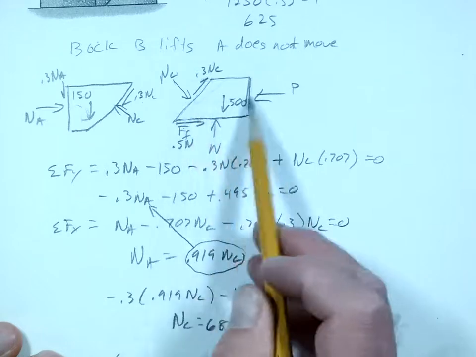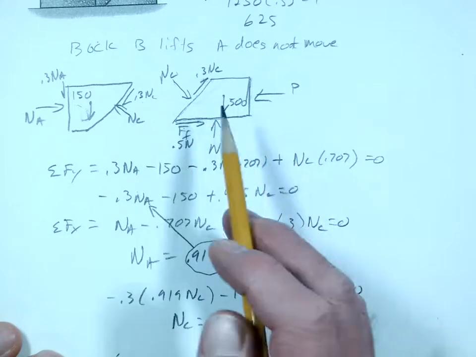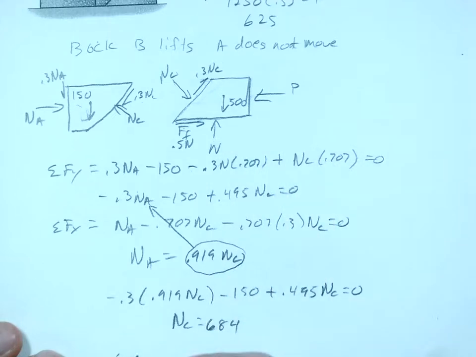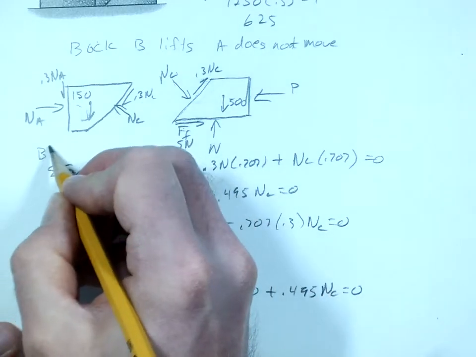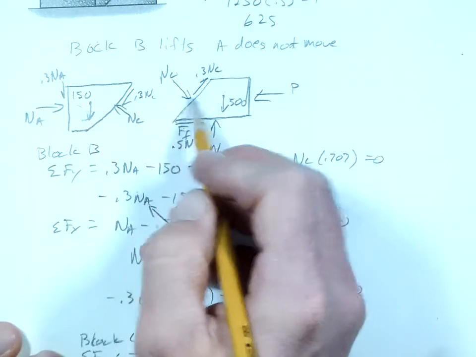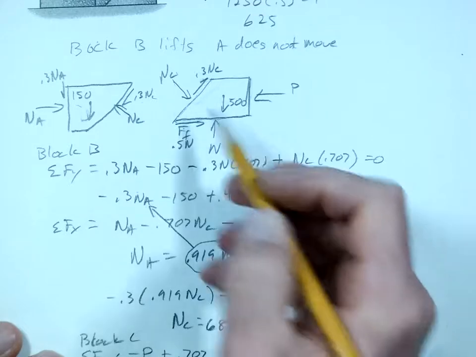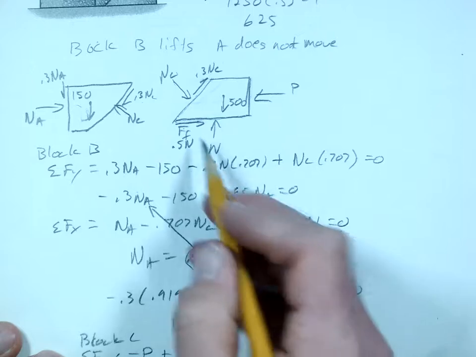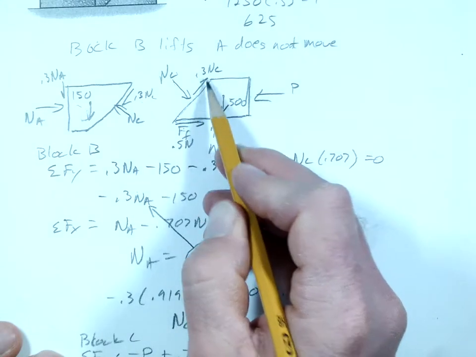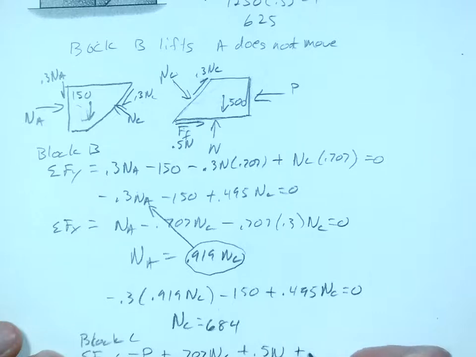So let's sum the forces in the X direction here. In the X direction we have negative P. So this is block C. This was block B. So we have negative P. We have positive 0.707, again 45 degree angle, NC, 0.5 N, and we have plus 0.3 NC times 0.707.